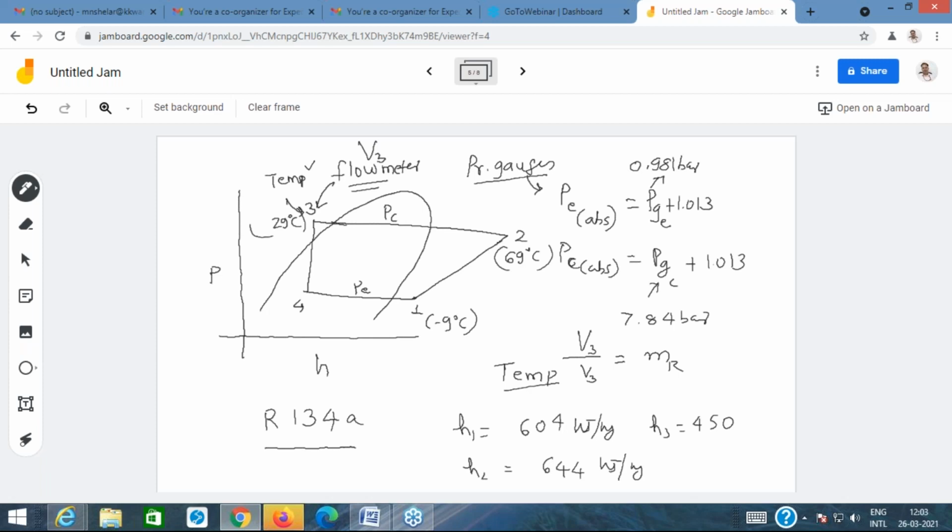The COP would be the ratio of delta H across the evaporator upon delta H across the compressor. So this is a very interesting calculation.